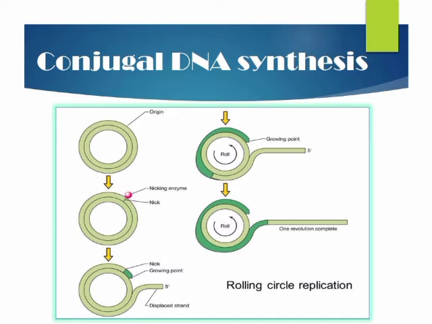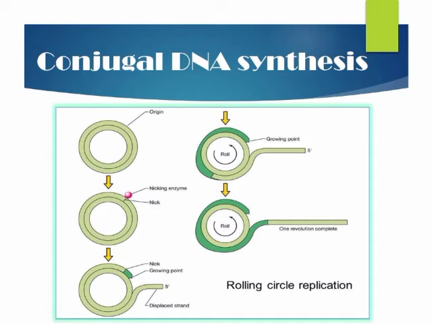It acts as the lagging strand, made up of double-stranded fragmented DNA molecules, also known as Okazaki fragments. Next, replication of both the unnicked and displaced single-stranded DNA takes place. Lastly, displaced DNA circularizes and synthesizes its own complementary strand.